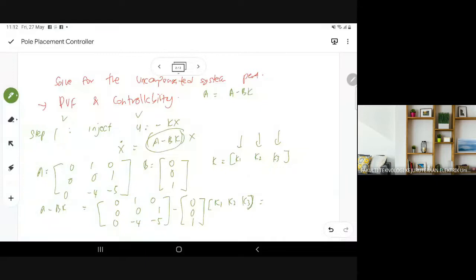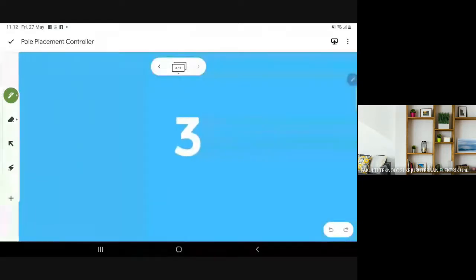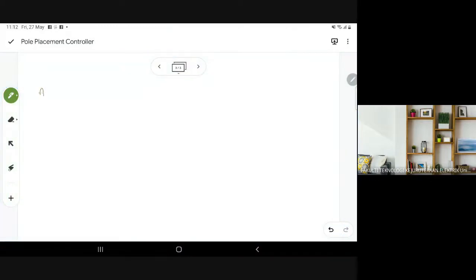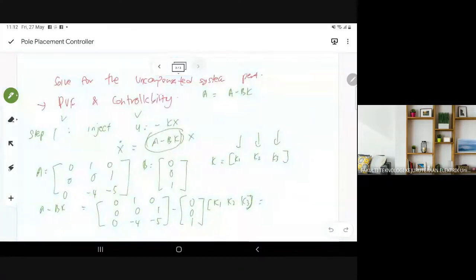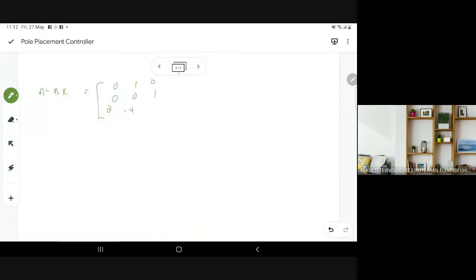Okay. So we need to go to the next page. So after that, we get A minus BK equal to 0, 1, 0, 0, 0, 1, 0, minus 4, minus 5.